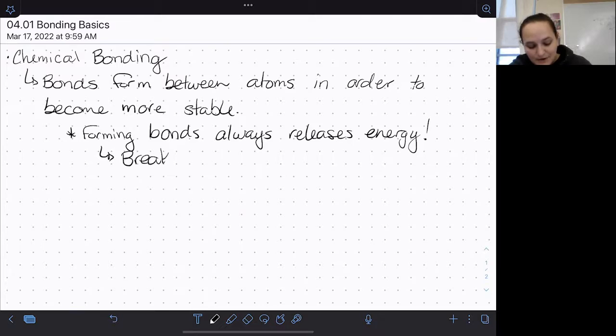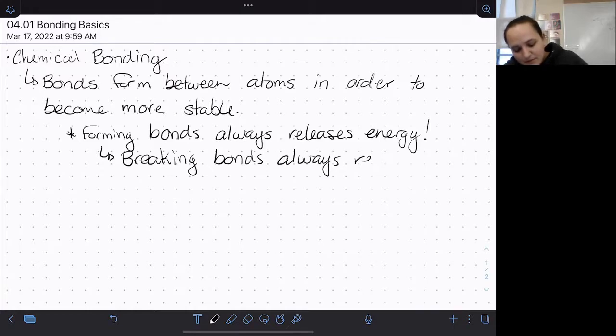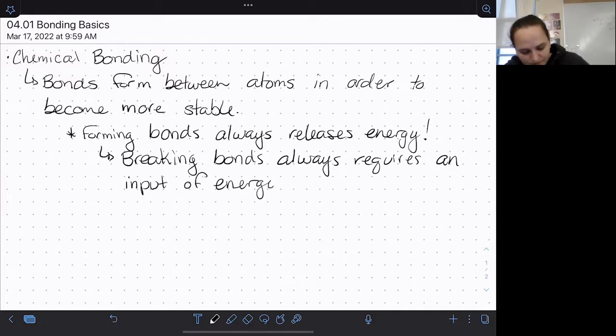Consequently, going in the other direction, if we are breaking bonds, that always requires an input of energy. When a bond is formed, those two atoms are attracted to one another.